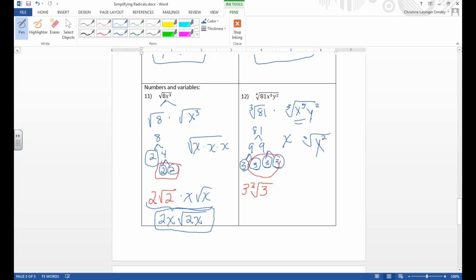So that took care of our x. Our y, we have y squared. There is not a group of 3, so the y has to stay inside. Okay, so now we'll put these two pieces together. Sorry, we got a little messy there. We have a 3 and an x on the outside of the radical. Then inside we have 3 x squared, y squared.